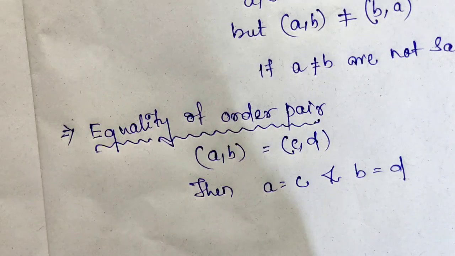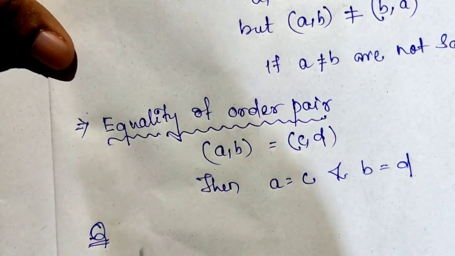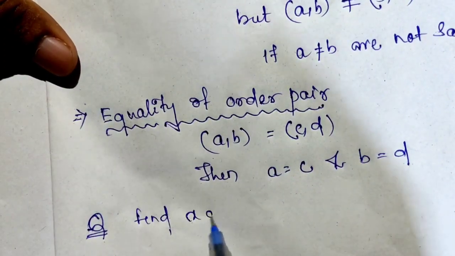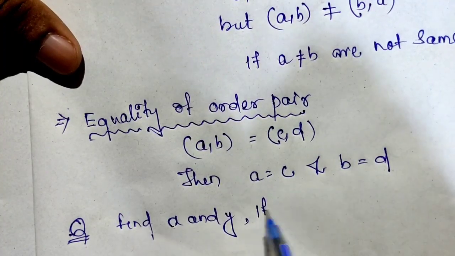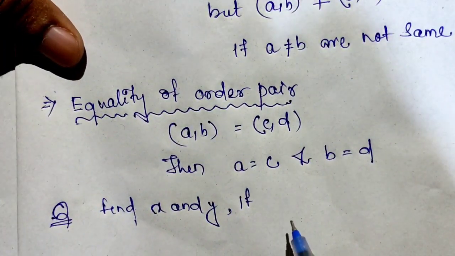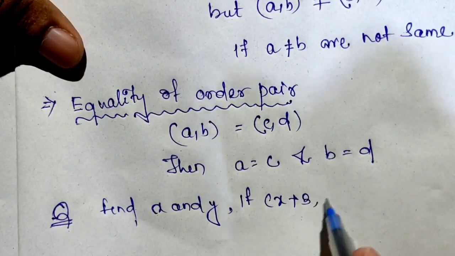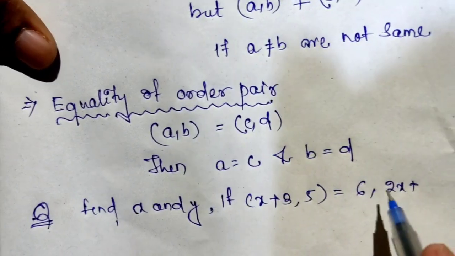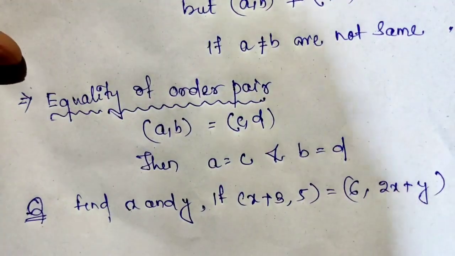Let's do some examples to understand better. Question: find x and y if (x + 3, 5) is equal to (6, 2x + y).